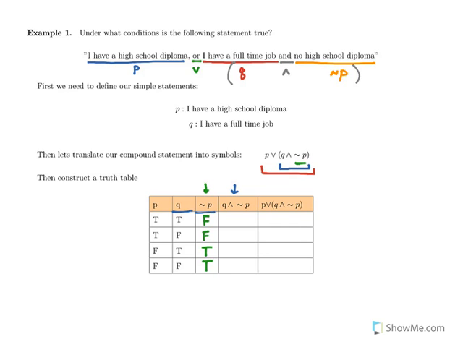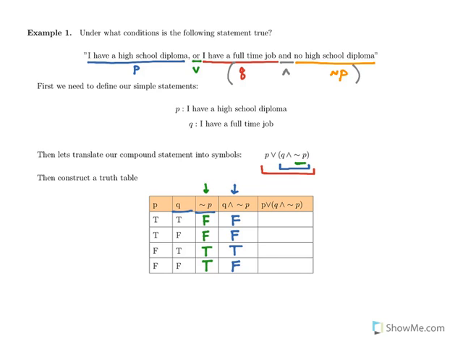So the first one is false, because there's a false for not P. The second one is false because they're both false. The third one is true because both columns are true. And the last one is false because of the false in the Q column. And now we're just building piece by piece.